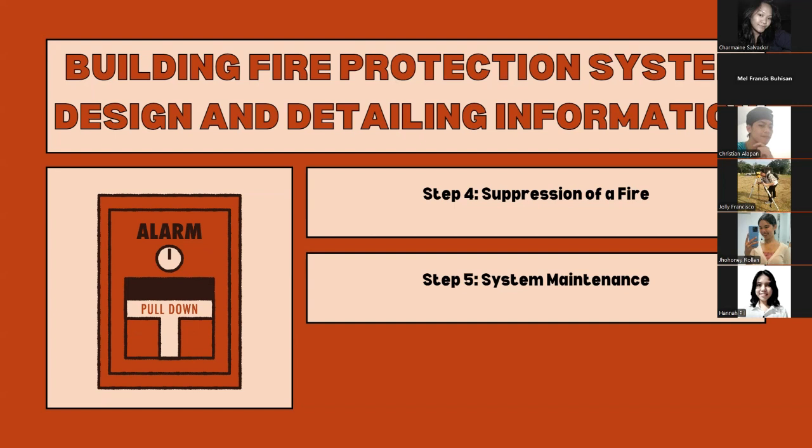So after all, the purpose of a fire protection system is the protection of life and property. So that's the 5 steps in building fire protection system design in detailing information. And that's all for me. And I would like to give the floor back to the leader to sum up everything that's been tackled so far. Thank you.